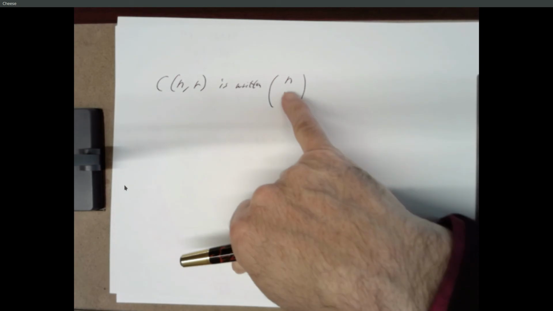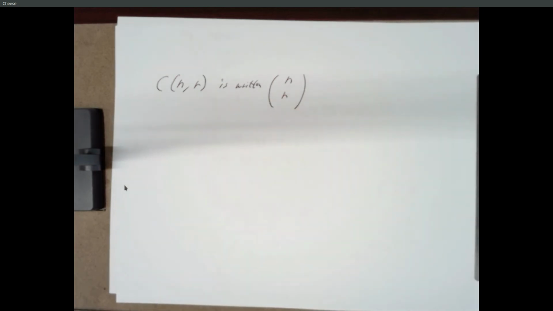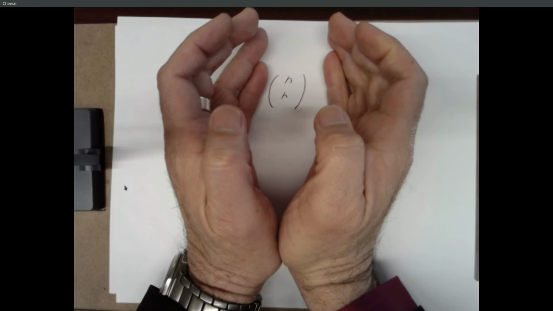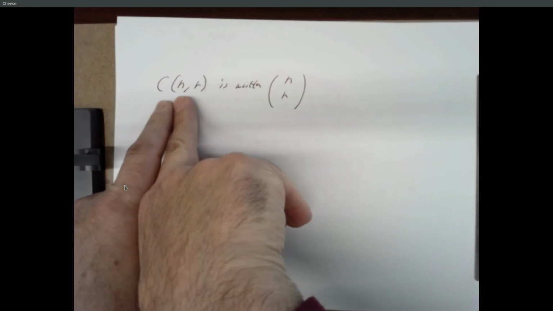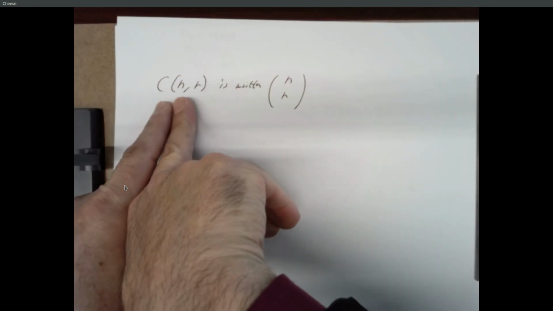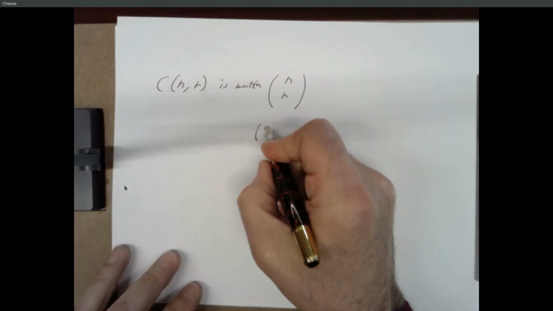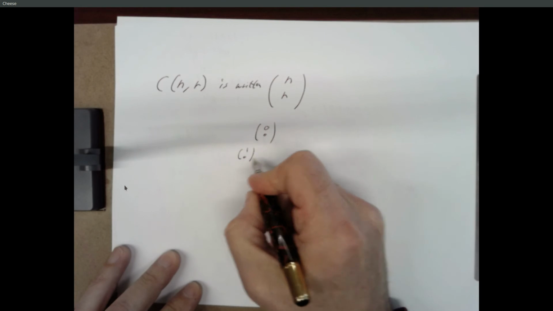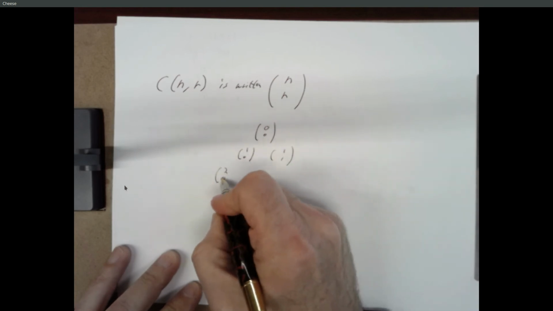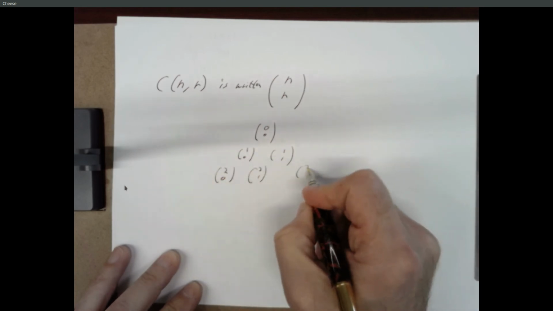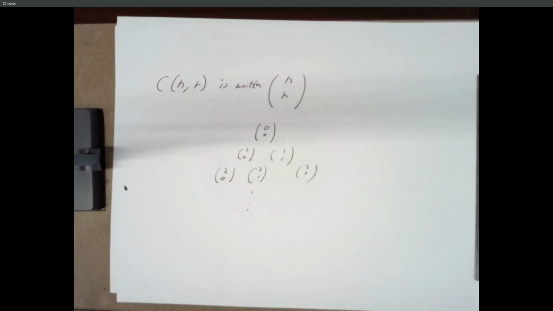If you draw a line here, you're just dividing something. But parentheses with two numbers, one on top of the other, means the number of r combinations of n objects. It's just a different way of writing it. So Pascal's triangle is actually (0,0), (1,0), (1,1), (2,0), (2,1), (2,2), and so on.